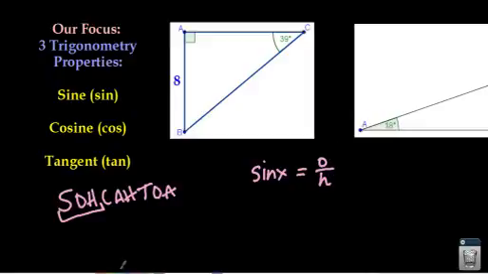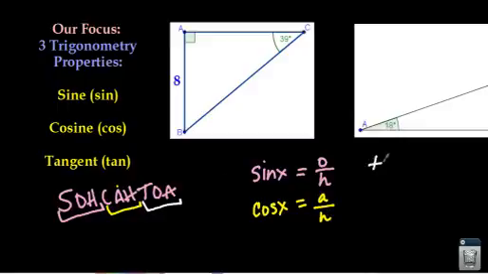The C has to do with cosine. So the cosine of some angle, and we'll call it x, is equal to, well, A stands for the adjacent side, divided by H, which is the hypotenuse. And finally, tangent.